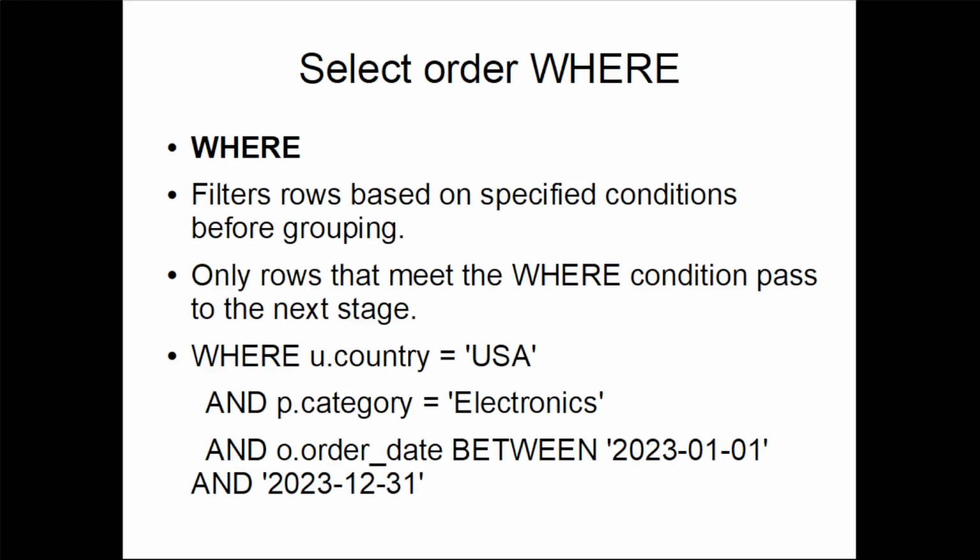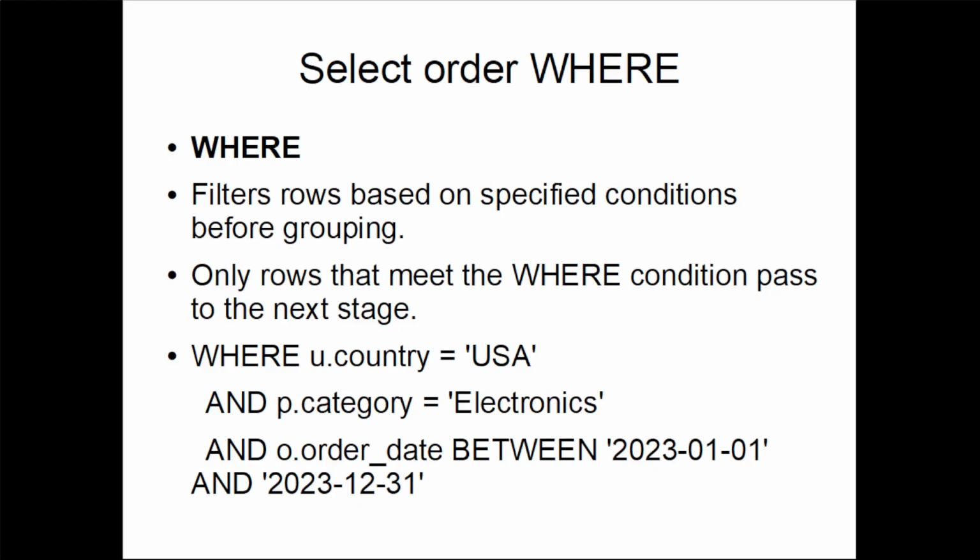By applying these filters early, the where clause ensures that the database does not waste time processing orders from other countries, non-electronic products, or orders outside 2023. This is like sorting through a huge pile of mail to keep only the letters addressed to a specific city before organizing them further.